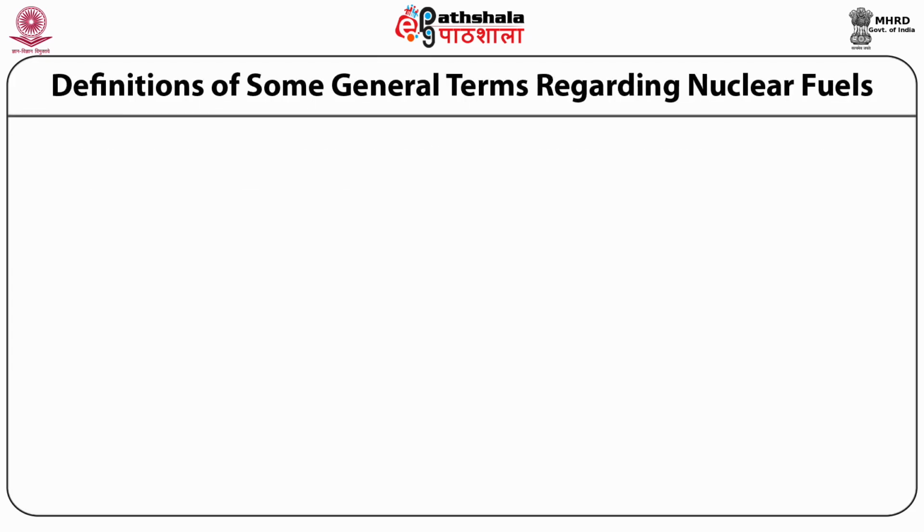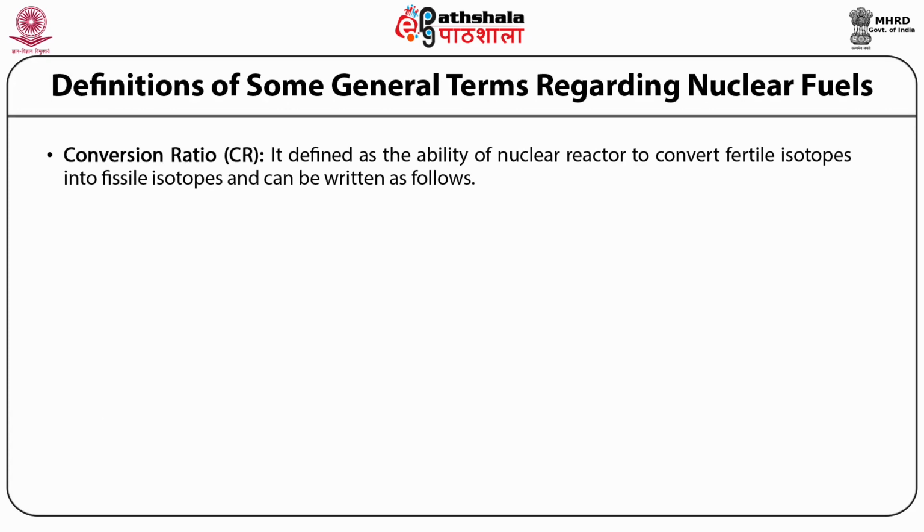Next is conversion ratio, or CR. It is defined as the ability of a nuclear reactor to convert fertile isotopes into fissile isotopes and can be written as follows.